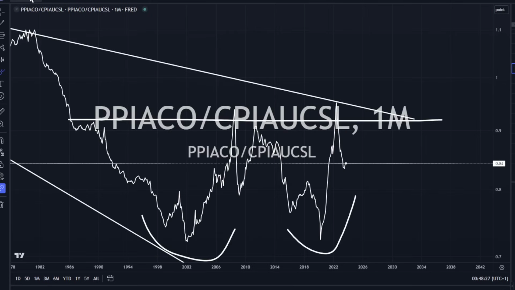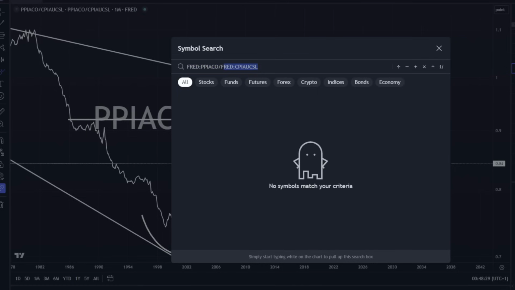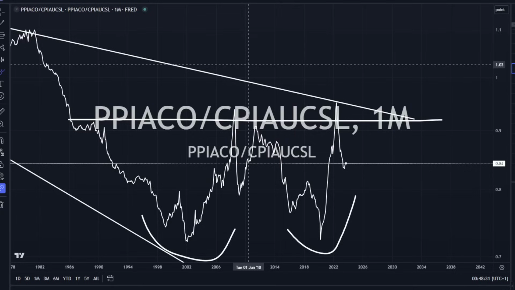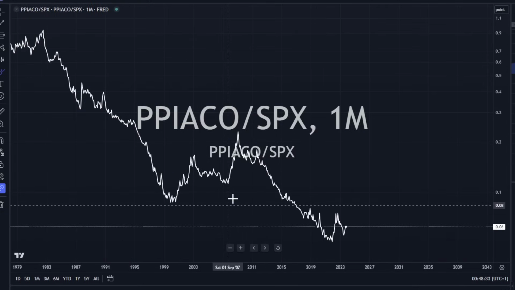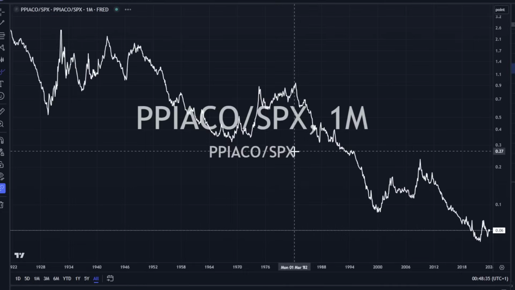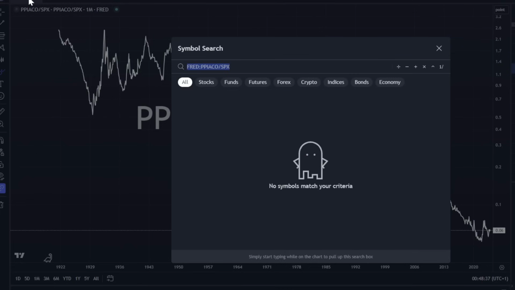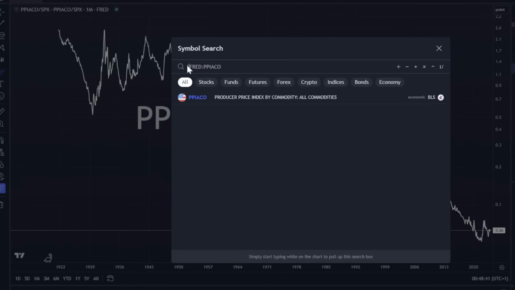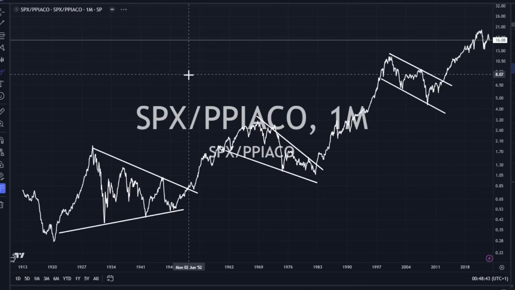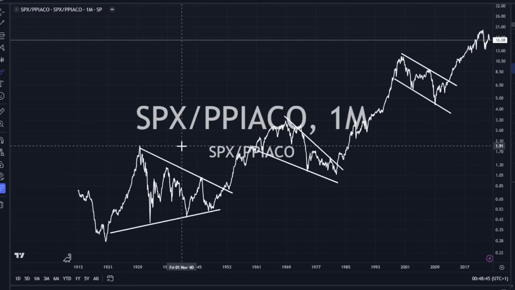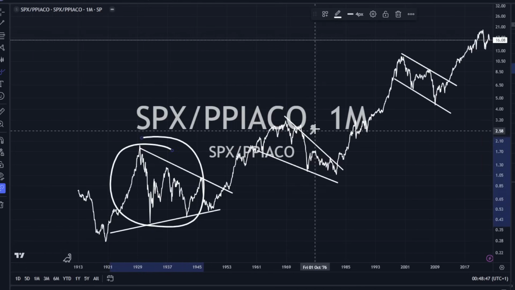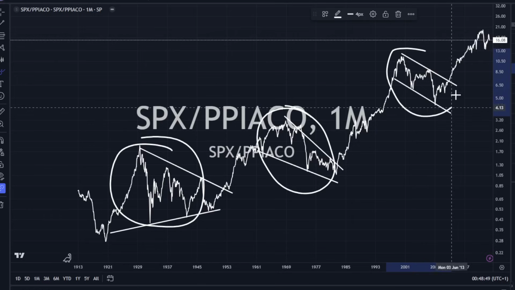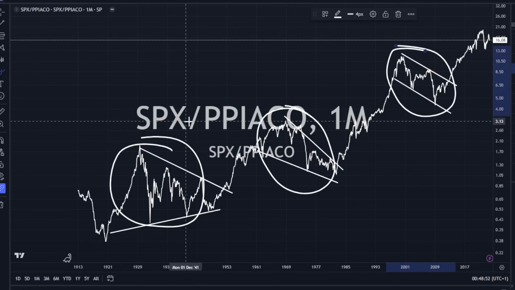I'm going to do another one here. This is the producer price index divided by the S&P 500. Let's do it the other way around. Let's put the S&P 500 first, divided by that. So these are your commodity bull markets here, where the producer price index outperforms the SPX.